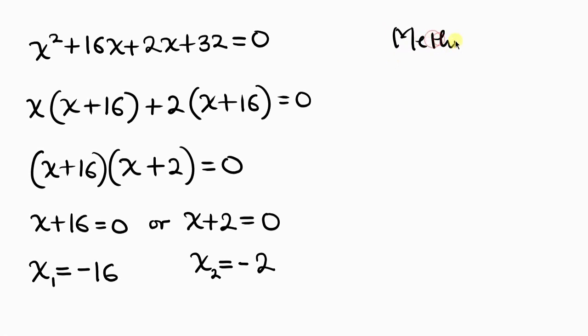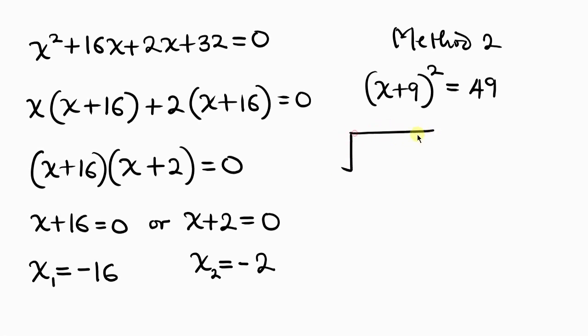So method 2, which is our second method. The given question is (x + 9)² equal to 49. Our first step will be for us to take the square roots of both sides. So I'll take the square root of the left-hand side, which is (x + 9) raised to the power of 2.